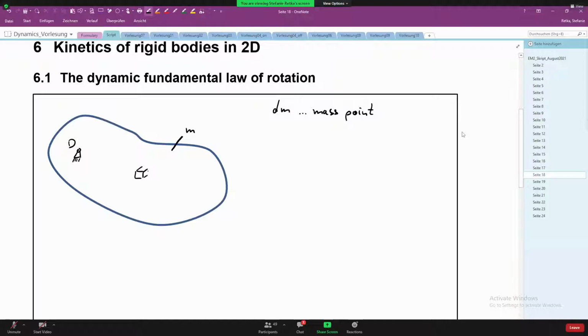Of course, dm refers to an infinitesimally small mass point, but I have to draw it a bit bigger, otherwise you wouldn't see anything. So this is our dm.